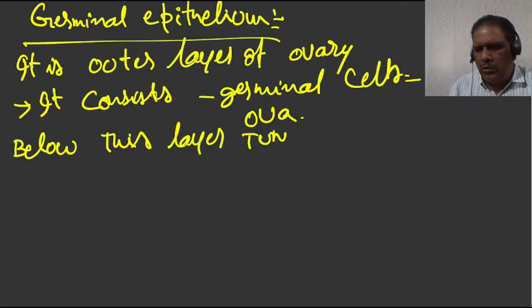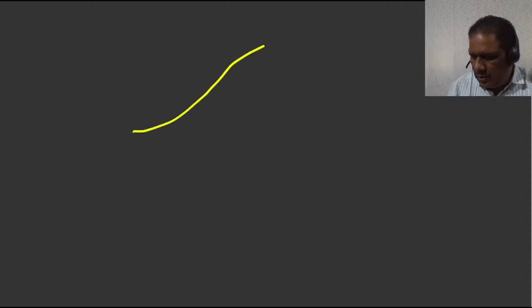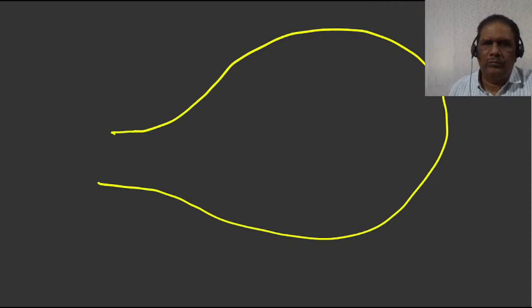Say for example, this is the ovary, and it is covered by the germinal epithelium.